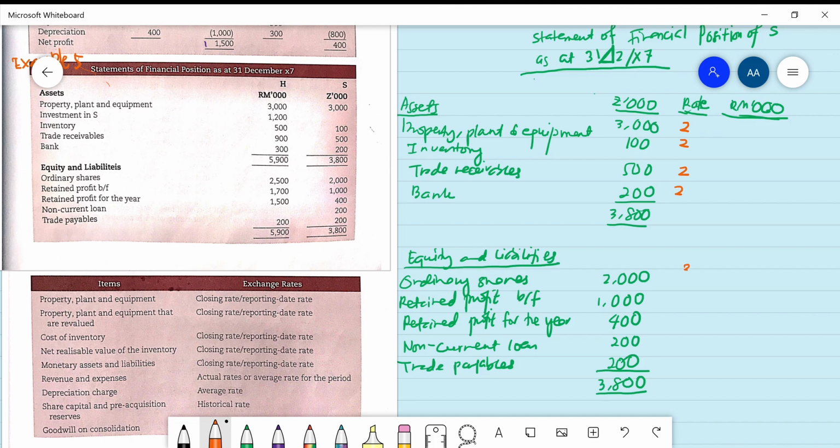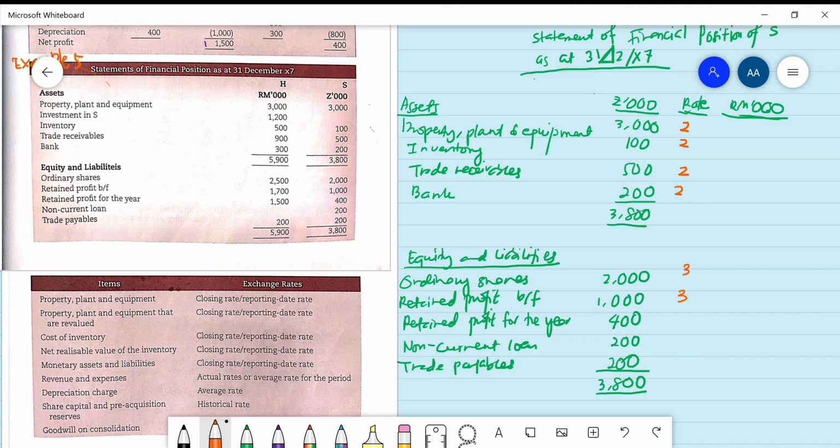Retained profit brought forward is also at the historical rate, 3, the pre-acquisition reserve. Then retained profit for the year, we will take as the balancing figure, because there will be an exchange difference.